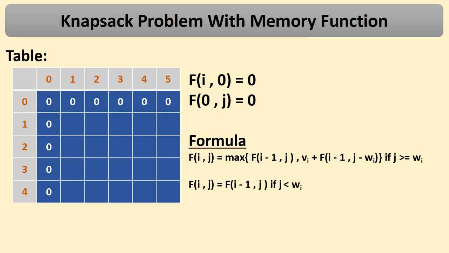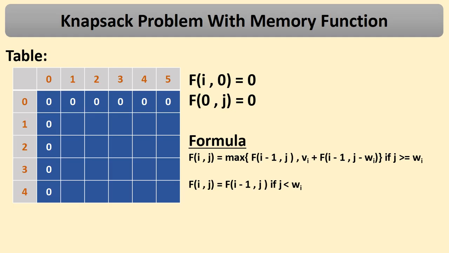Next, i changes to 1, so f of 1 comma 0 is also 0. Next, i changes to 2, so f of 2 comma 0 equals 0. f of 3 comma 0 equals 0 and f of 4 comma 0 equals 0. This is what I have filled in the table.